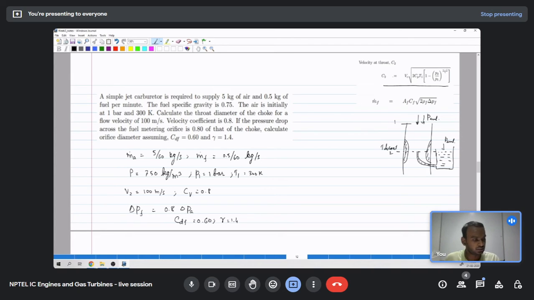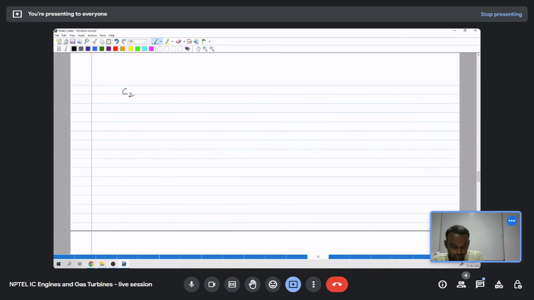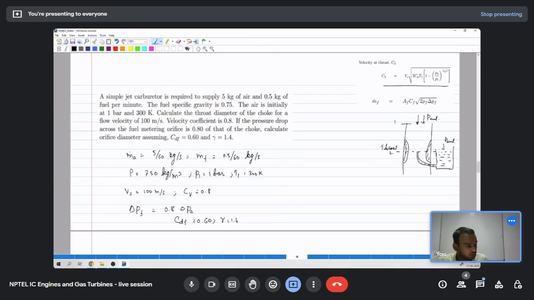So to calculate the velocity at 2, C2 is Vc times the expression.